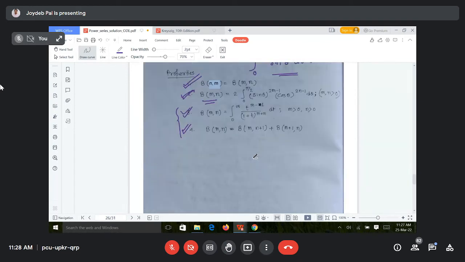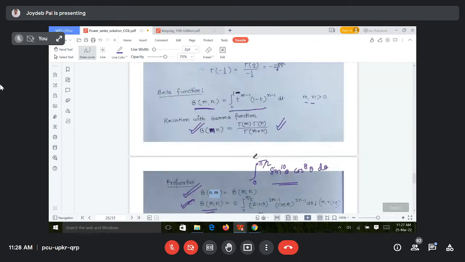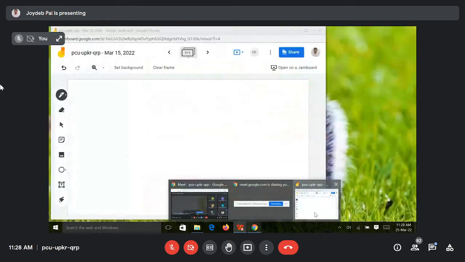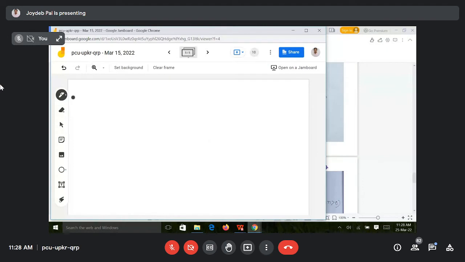Now let us see how to find beta values. If it is asked, find beta of 1 by 2 comma 3 by 2, what is the value? By the definition of integration, it is difficult to find.